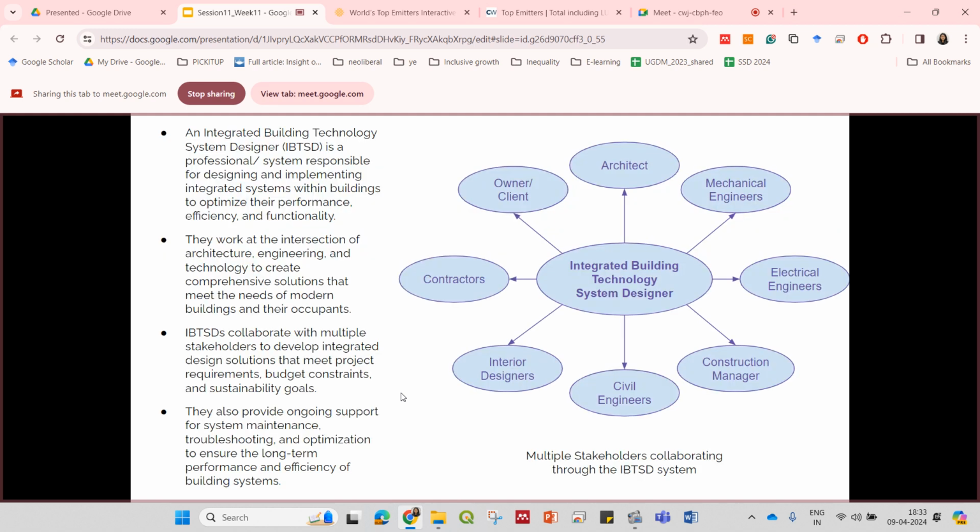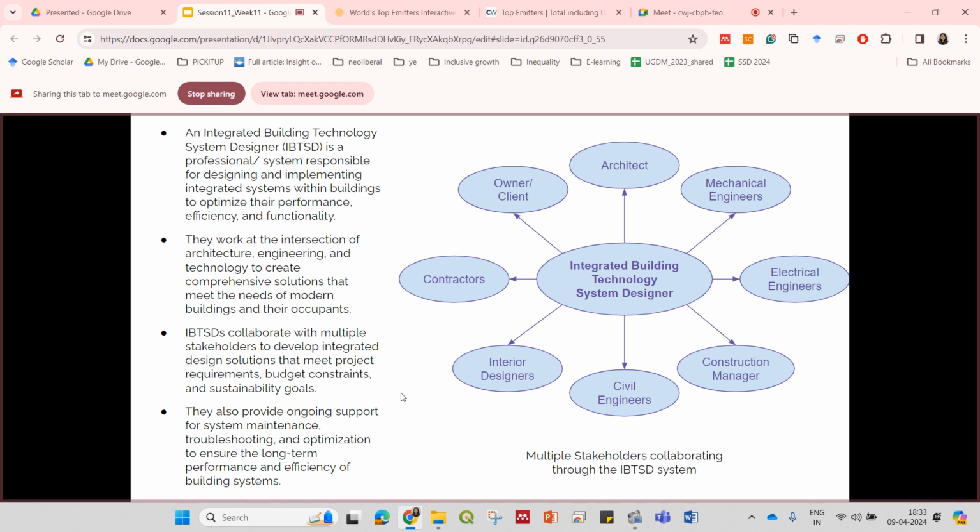So the IBTSD system is basically a system or a professional who is responsible for designing and implementing integrated systems within a building to optimize the performance or function of the building. So, why is this necessary, or why was it conceived?